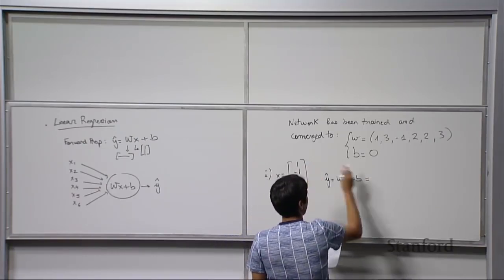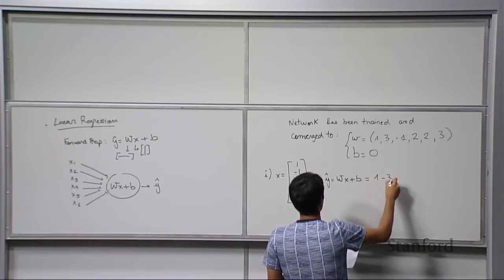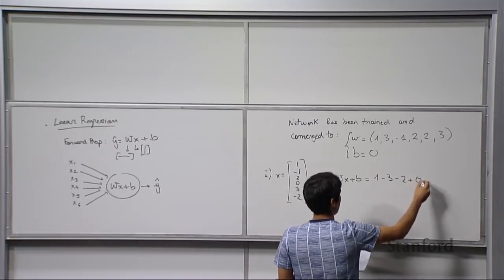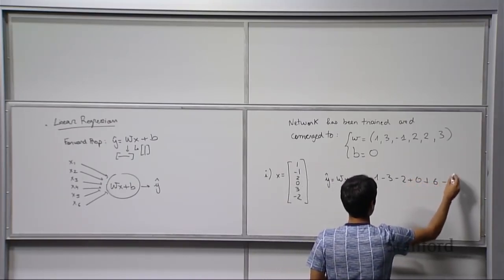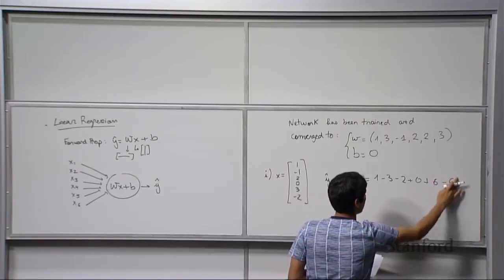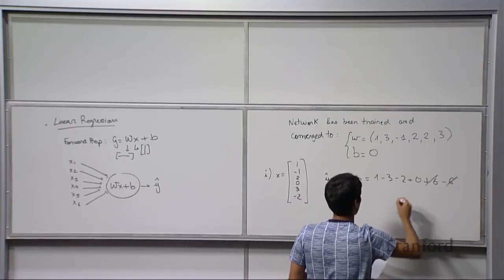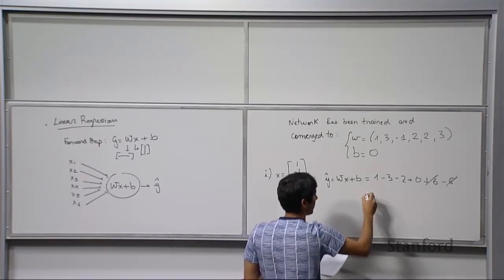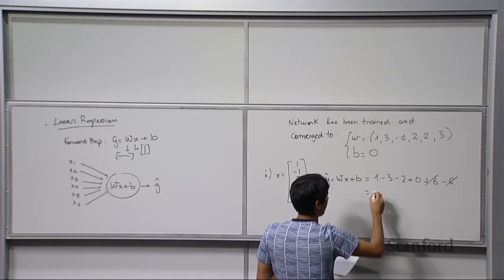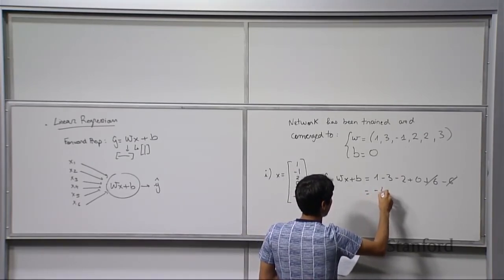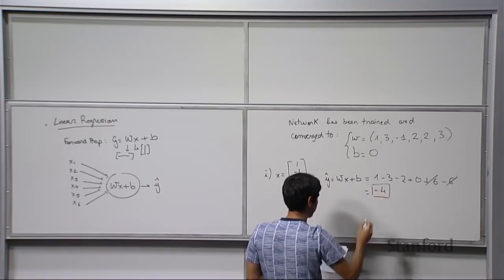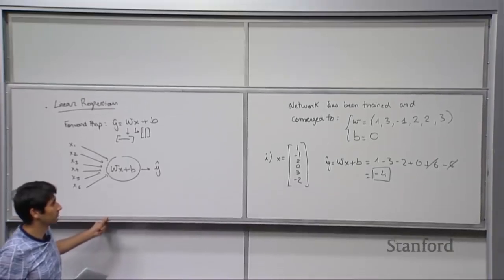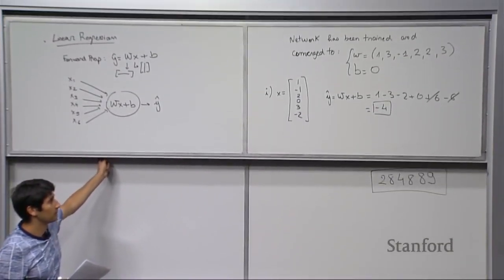This value is going to be 1 times 1, minus 3, minus 2, plus 0, plus 6, minus 6, if I didn't make a mistake. So we basically get minus 4. This is the first example that was propagated.